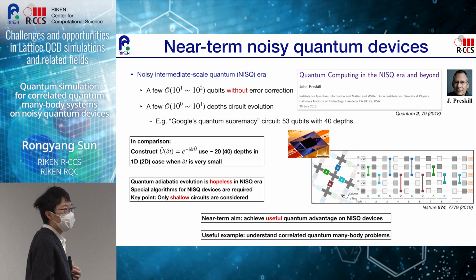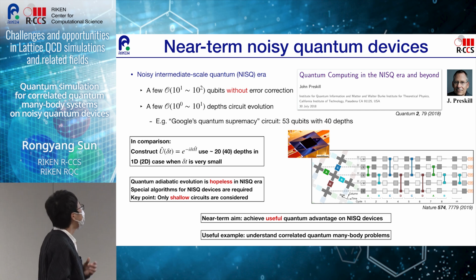Our quantum computers have noise, so we don't have a perfect quantum computer. What we have are only noisy quantum devices, and on such devices we can have only tens to hundreds of qubits without error correction.